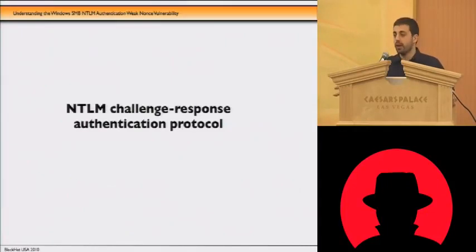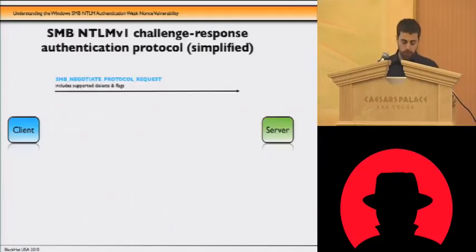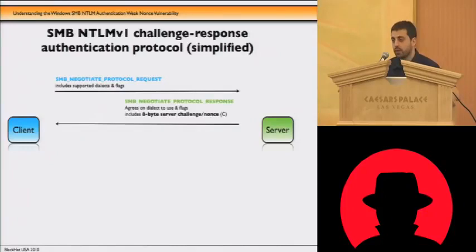If we take a look at NTLM, it works exactly like this generic example. Here you can see a typical NTLM version 1 authentication communication. When the client wants to communicate with the server, the client sends an SMB negotiate protocol request packet that initiates the authentication attempt. The server responds with the challenge, which in the case of NTLM is an 8-byte long challenge or nonce.